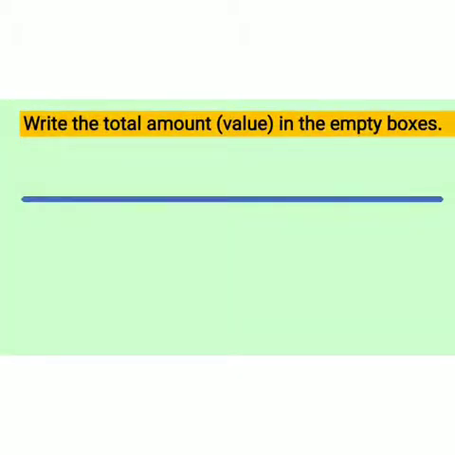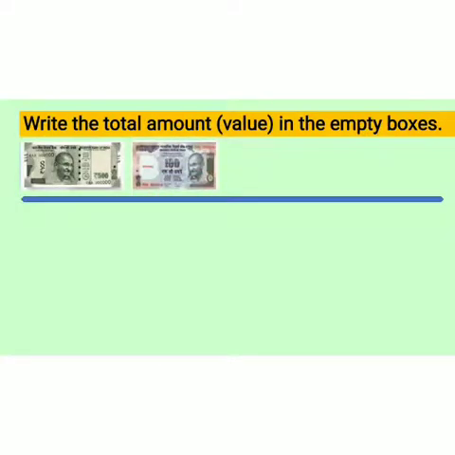Write the total amount value in the empty boxes. Now I am taking some example over here. We have some notes and coins over here, and we have to write total amount in the given empty boxes. 500, 100, 50 rupees.